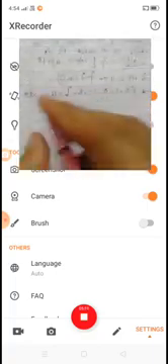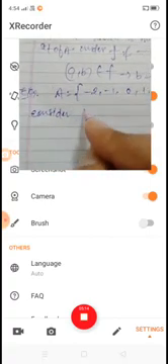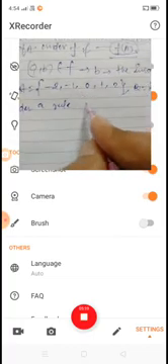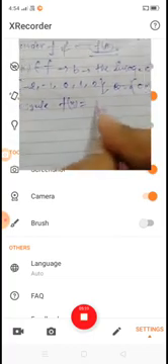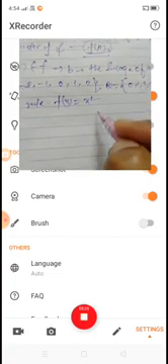Consider a rule f(x) equal to x squared.